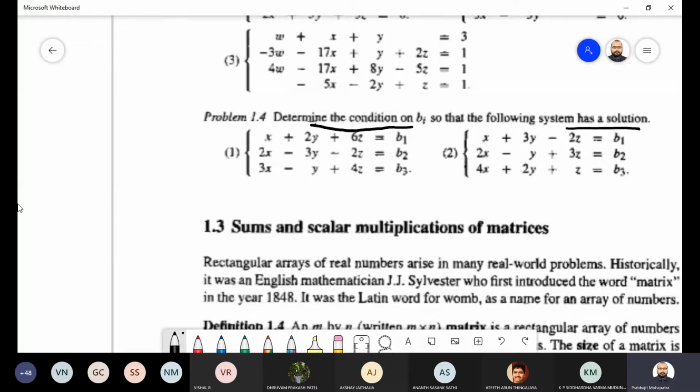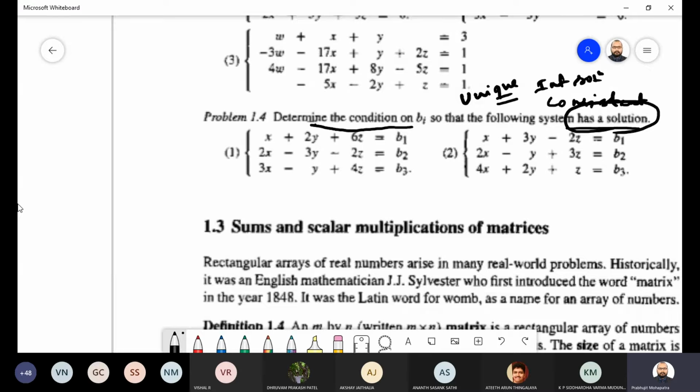Has a solution means the system should be consistent. Consistent means it is having a solution. It can be unique, that is okay, or infinite solutions, that is also okay. We need at least one solution.